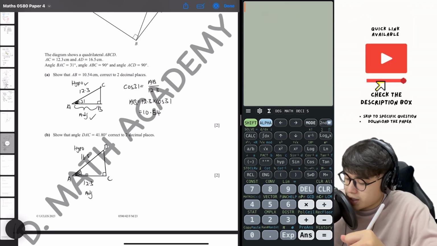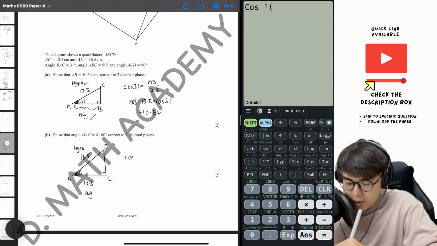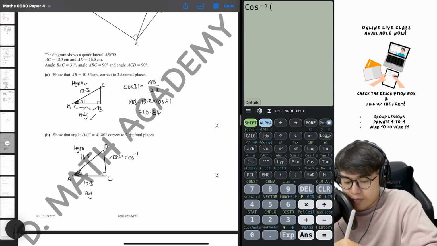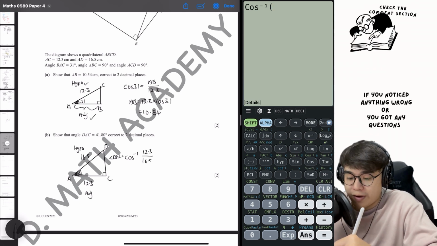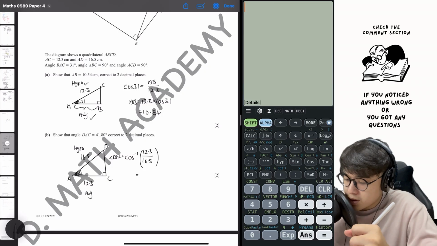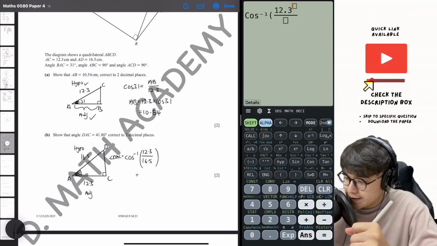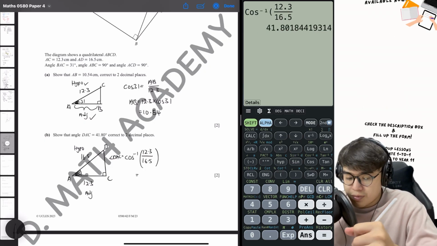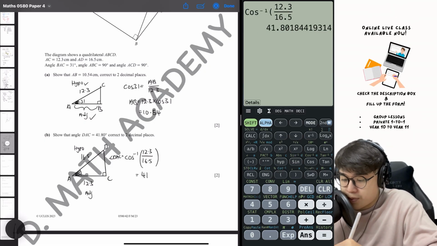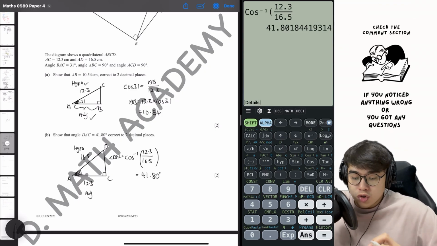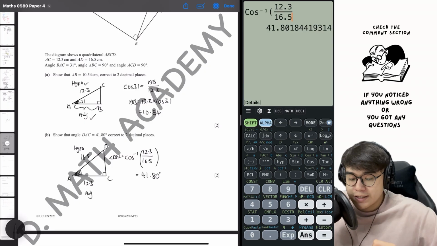So angle DAC equals cosine inverse of 12.3 over 16.5. You will get your final answer as 41.80. So I managed to prove 2 of the things here currently.